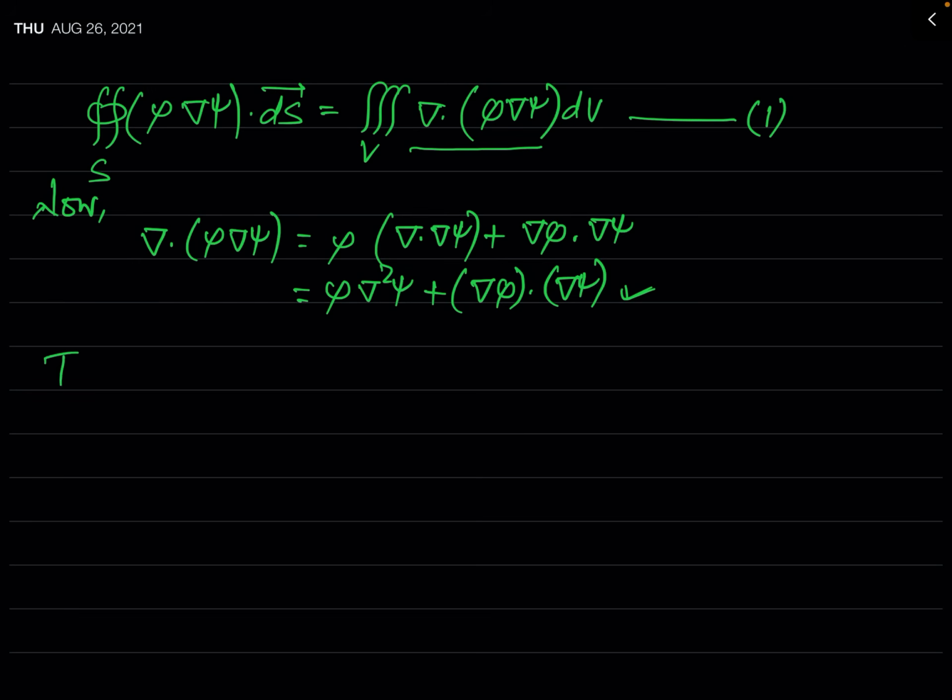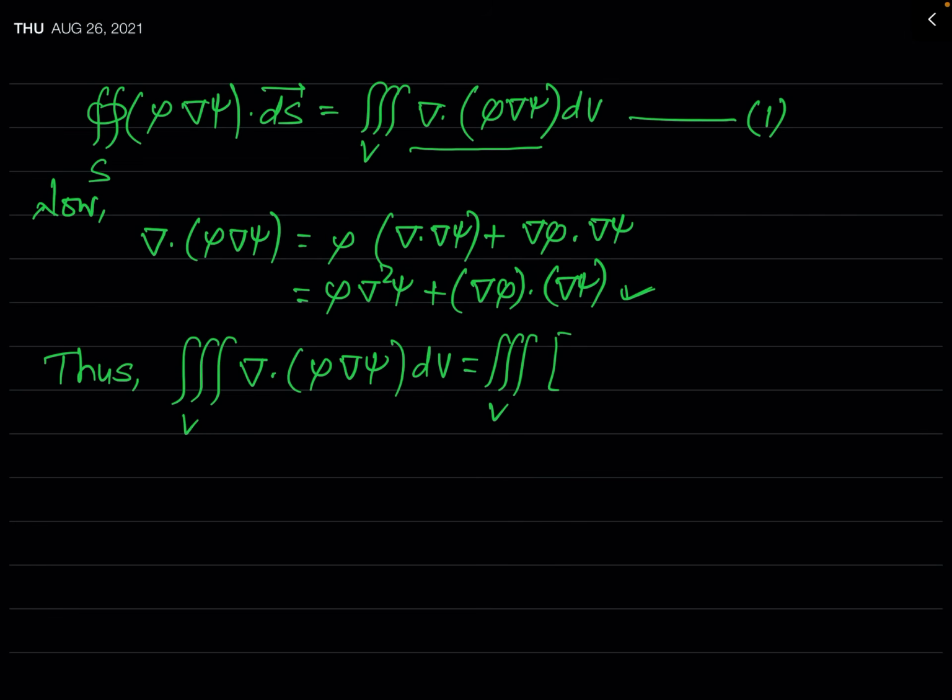And so we can see thus integral over V of del dot phi del psi dV is equal to integral over V, and instead of del dot phi del psi, you can see here we may write this expression.